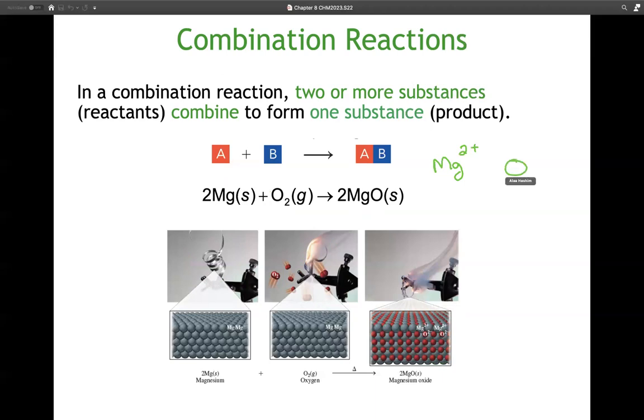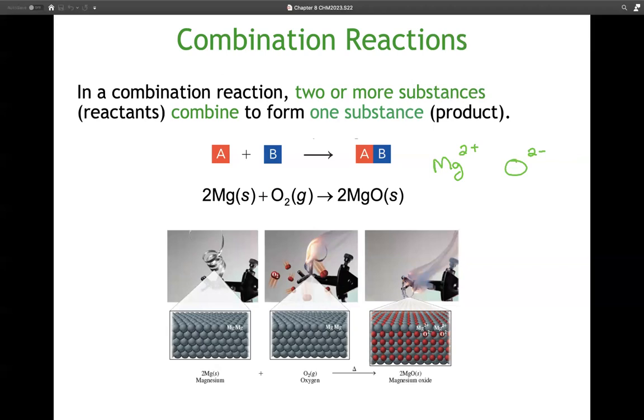Oxygen is one of the non-metals, in group 6A. It forms an anion with a -2 charge. It needs 2 more electrons to have an octet, or 8 electrons around in its outermost energy level. So that's magnesium oxide.